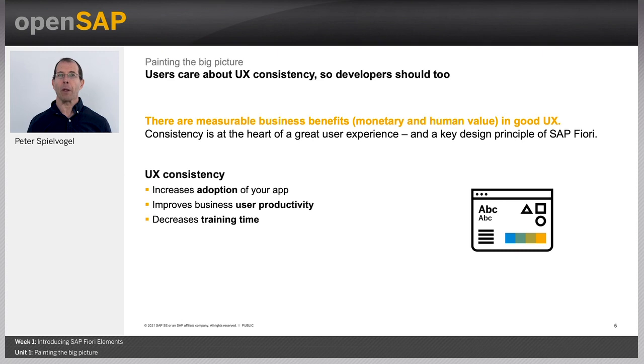Consistency promotes a rapid learning curve for users as they already know where to click and how the menus work. Simple and consistent screens also mean that people make fewer errors, so the data is cleaner in the system. The sum of all these measurable benefits means your users will be much happier using the apps that you build. Using Fiori Elements gives you all these things, along with keeping development and maintenance costs in check. That is why we rely on it so much internally.